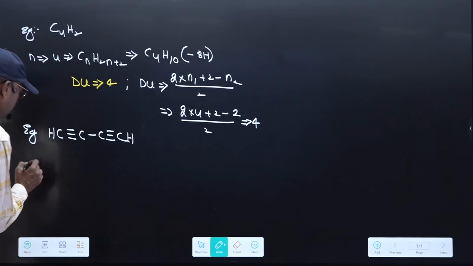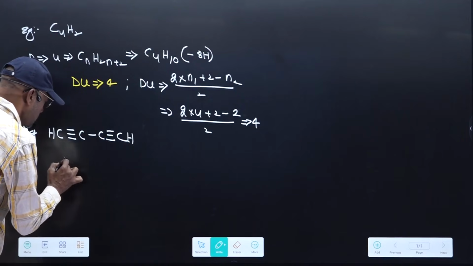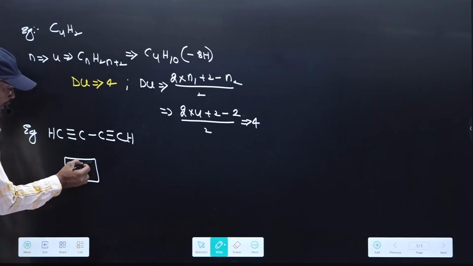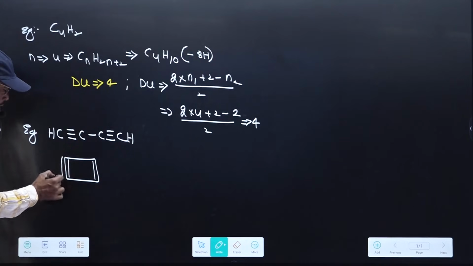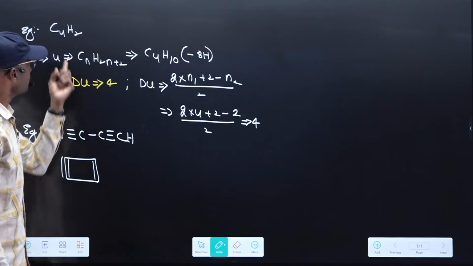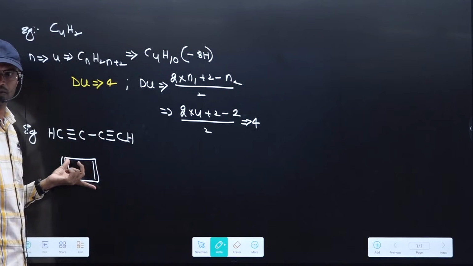Yes, you can also write a ring. So here 4 carbons are present. 1 DU, or not? 1 DU. And if I write one double bond, 2 DU. And if I write one more triple bond here, 3 and 4. So here one hydrogen, here one hydrogen. If you consider number of carbons and DU, you can create many structures. Clear?